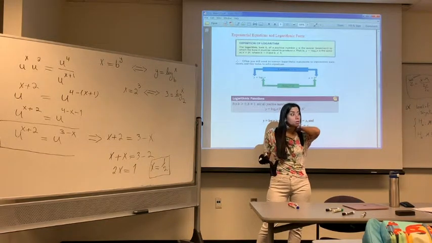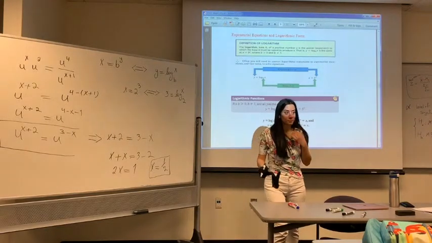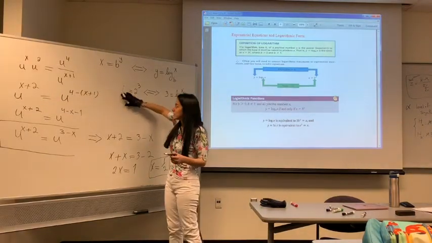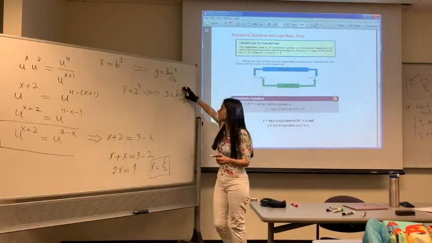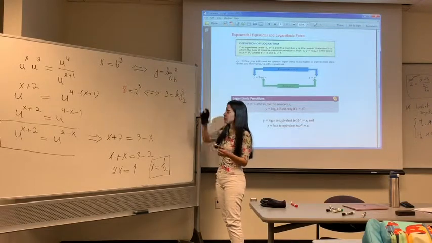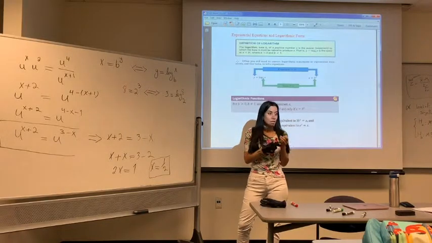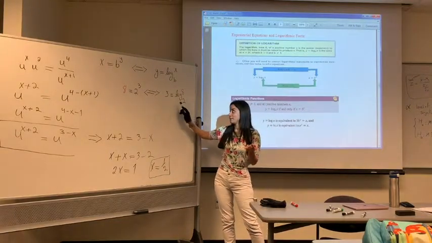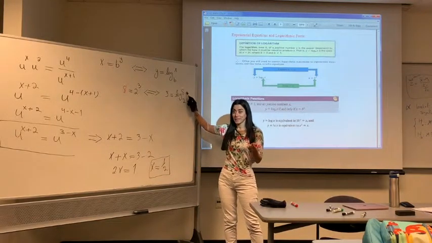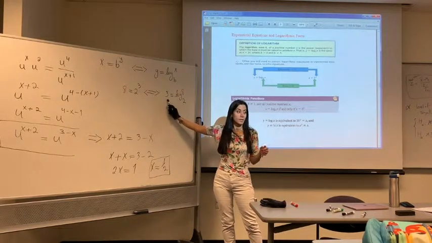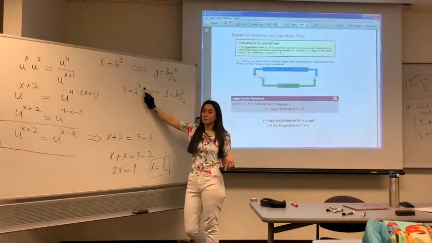What is 2 power 3? 8. 2 power 3 is 8, so 8 goes here. Using this relationship, now you will understand that log 8 base 2 is equal to 3. So basically the answer is equal to the power of the exponent.